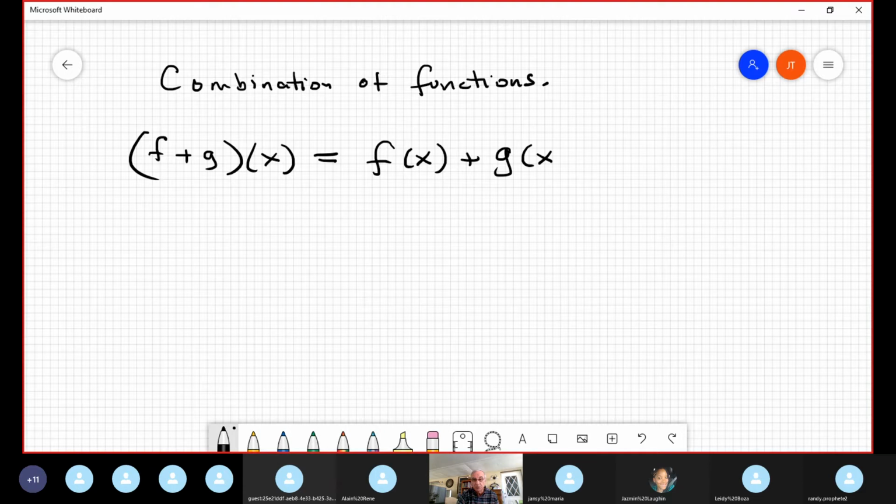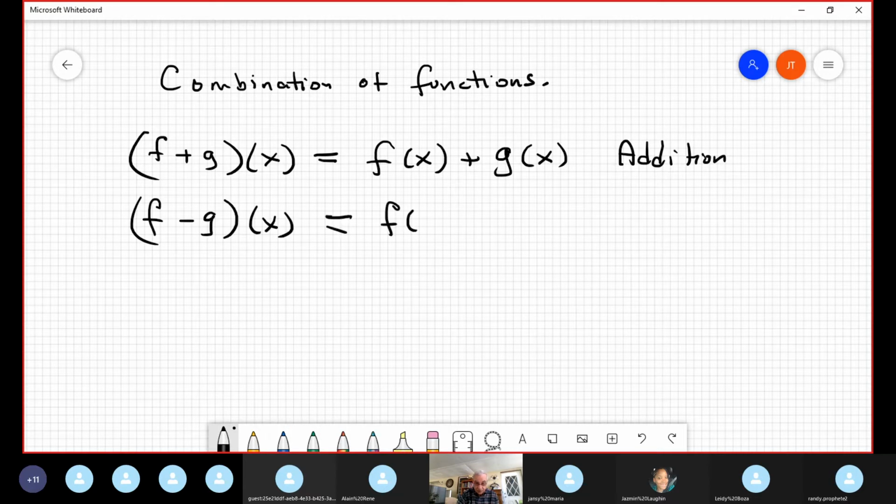It's a combination. We have two original functions, f and g. We put them together using plus, using addition. And this is the new function, because the notation is f plus g. Likewise, f minus g of x is equal to f of x minus g of x. This is, in this case, subtraction.